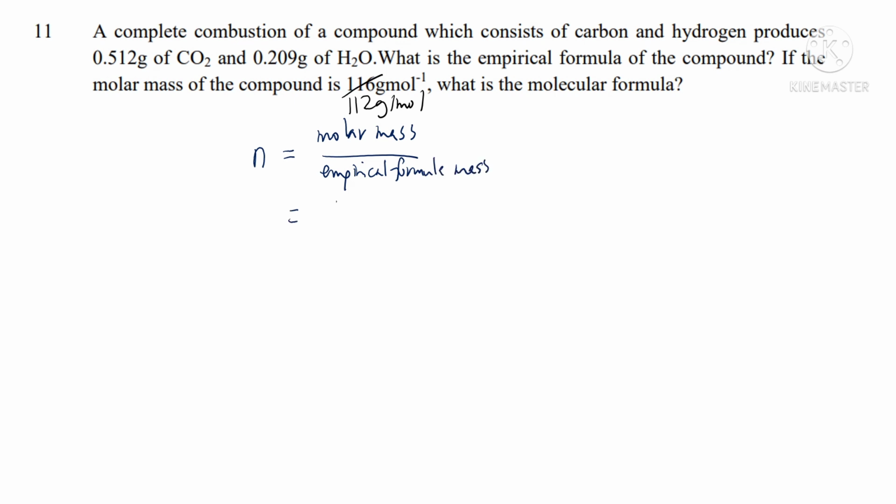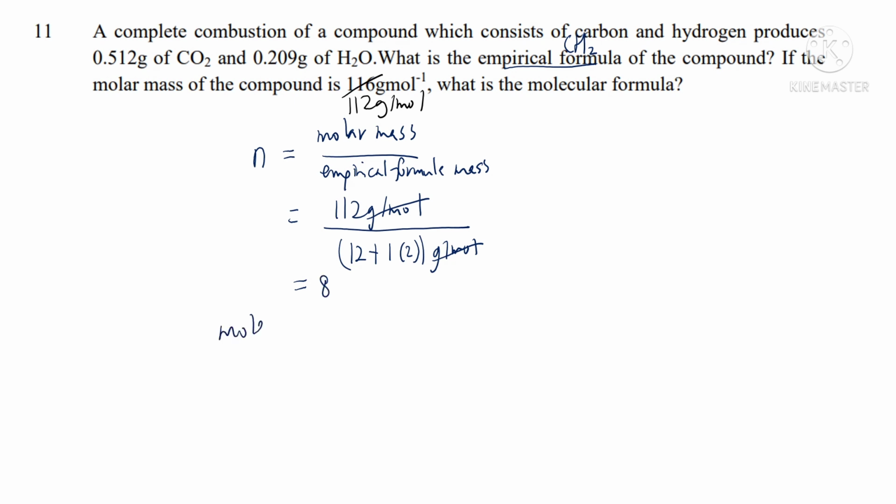The molar mass of the compound is 112 gram per mole. For the empirical formula mass, we know that the empirical formula of the compound is CH2. Therefore, the empirical formula mass will be 12 plus 1 times 2 gram per mole. Gram per mole cancels out, and that should give us n equals 8.